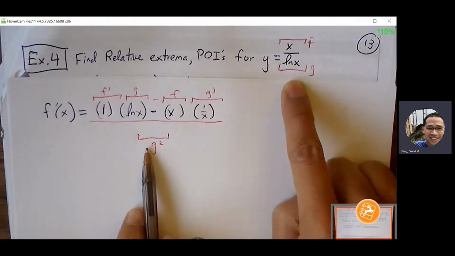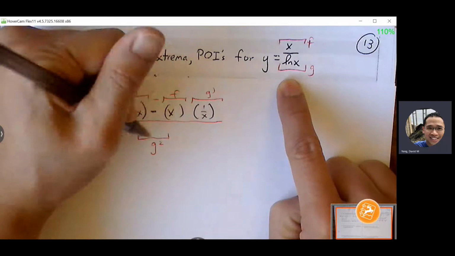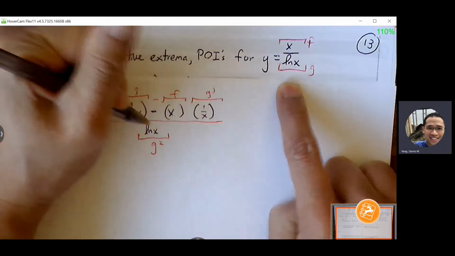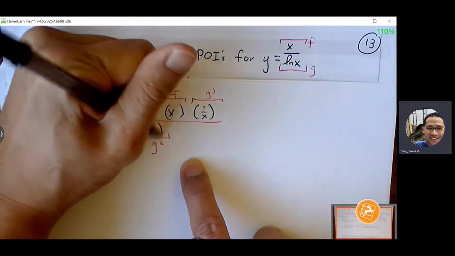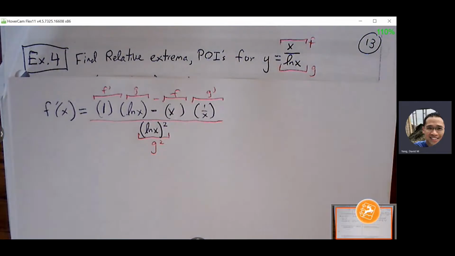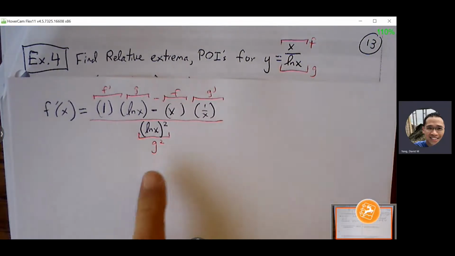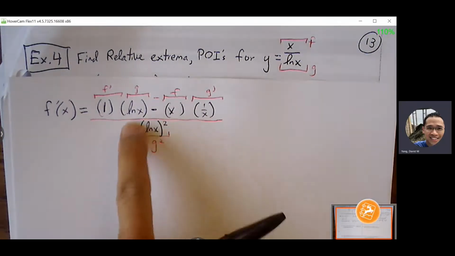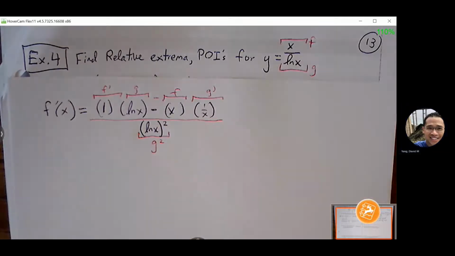All over denominator squared. Make sure that we're not just squaring the x, we're squaring the entire function, so make sure to put that in parentheses. Okay, this is not expandable, okay? There's not going to be a log expansion. It's not just the x that's squared, it's the entire function.